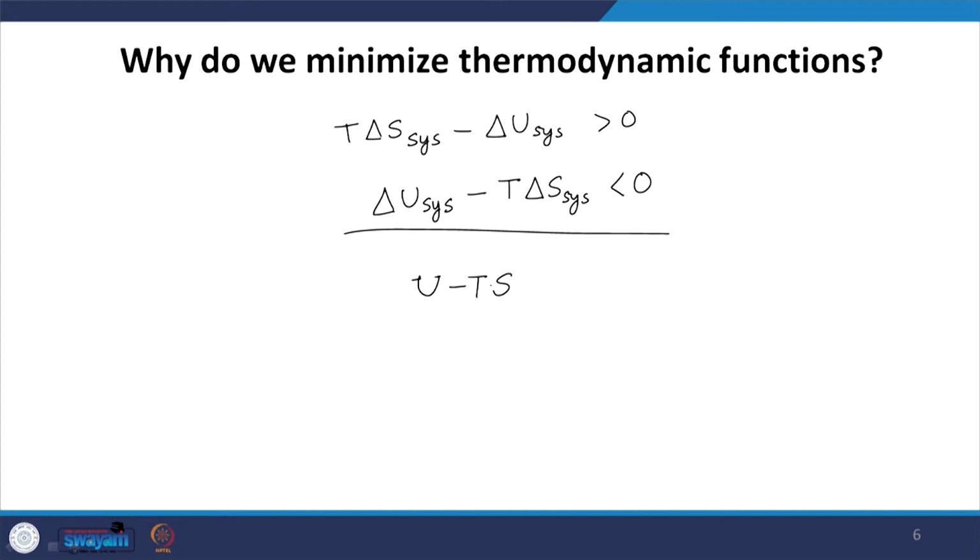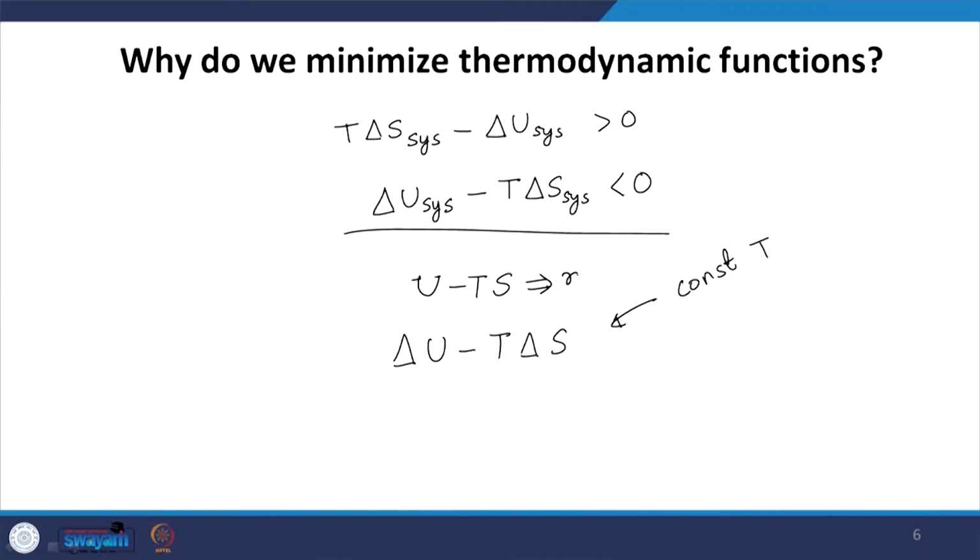The change in U minus TS is given by delta U minus T delta S, which by the way is only true when the temperature is constant. So, let us say we are able to maintain constant temperature, then the change in U minus TS is delta U minus T delta S. Now, that change should be less than 0, unlike delta S in the previous example. So, this means U minus TS should be minimized.